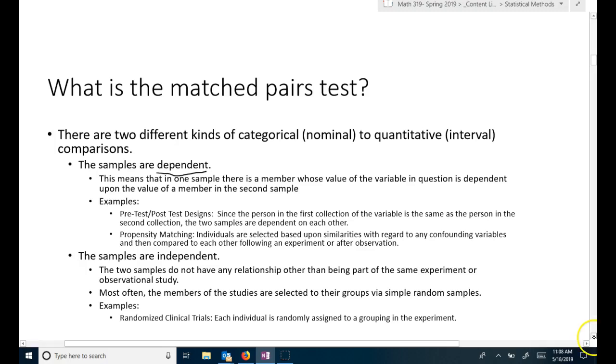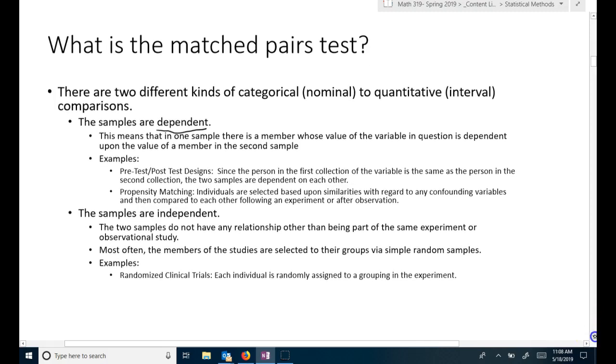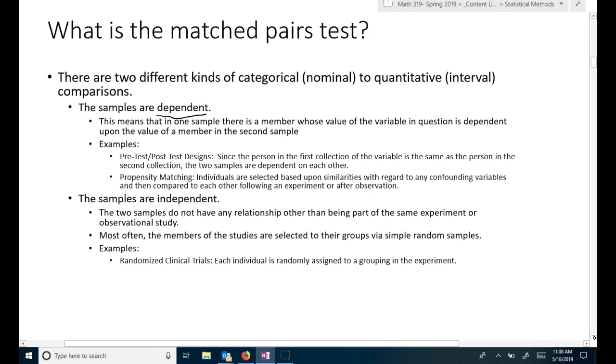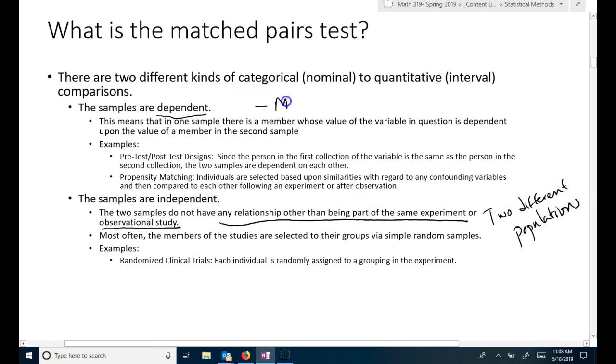Versus if the two samples are independent, and we talked about this a bit in the two-sample t-test, they do not have any relationship other than being part of the same experiment or observational study. That is, they are two different populations. So these are the dependent samples, the matched pairs, and the independent samples, that's the two-sample t.